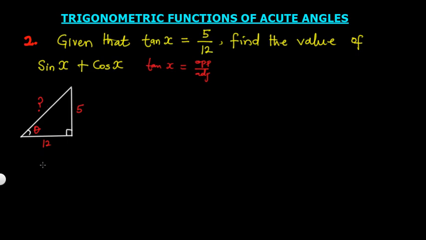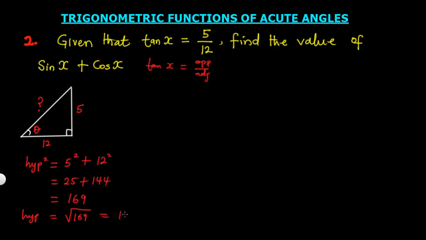So to do that, we quickly say the hypotenuse squared using Pythagoras theorem equals the square of the opposite side, that's 5 squared, plus the square of the adjacent side, 12 squared. This gives us 25 plus 144, and this gives us 169. That's the hypotenuse squared. So the hypotenuse itself will be the square root of 169, which is 13.